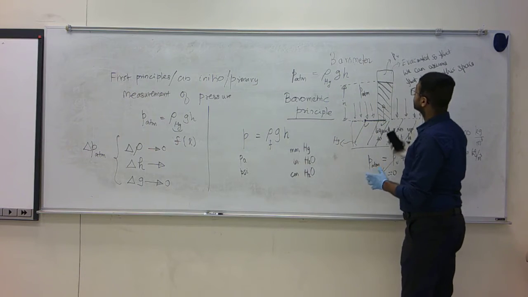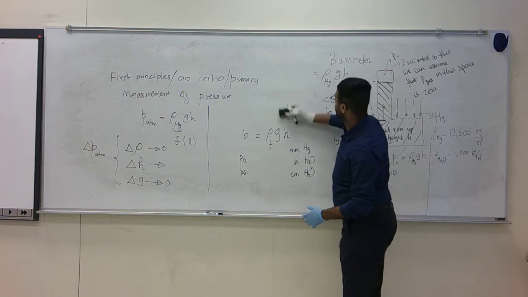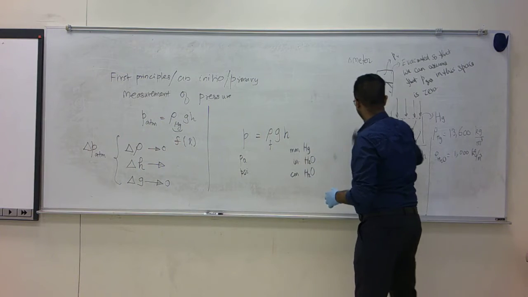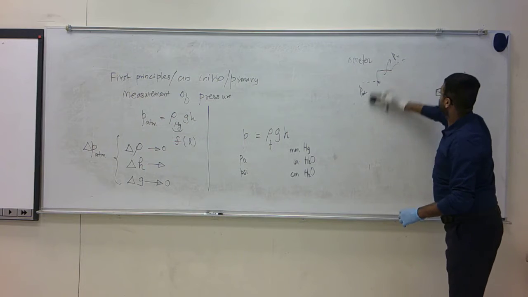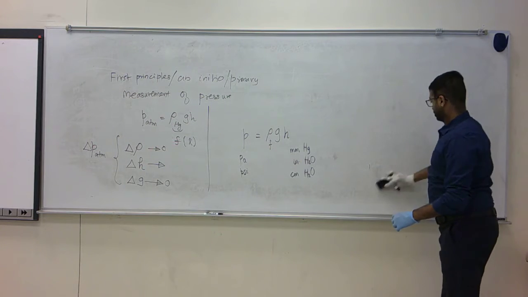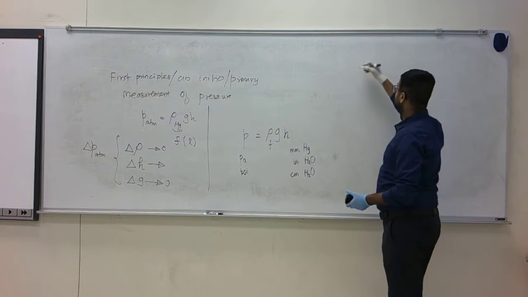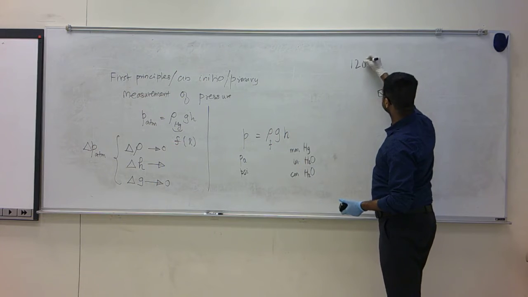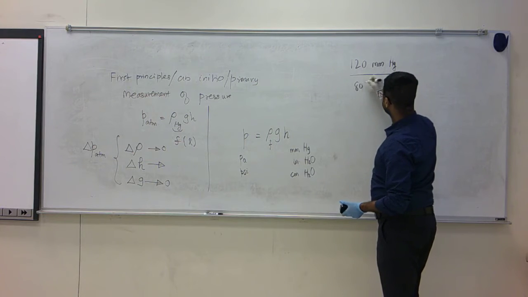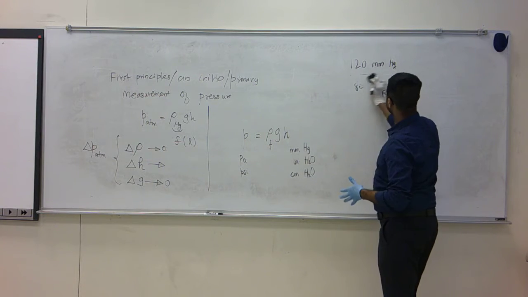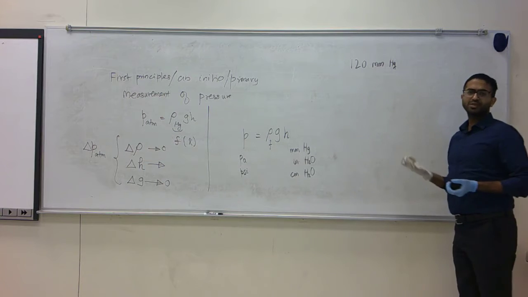So suppose you go to the doctor, he or she reads your blood pressure and says it is 120 millimeters of mercury. So what does it imply?